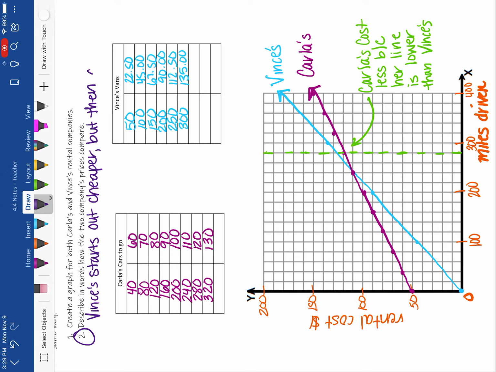But then around, let's see, around what value? Around here. So let's look. Around 220 miles, Carla's becomes cheaper.